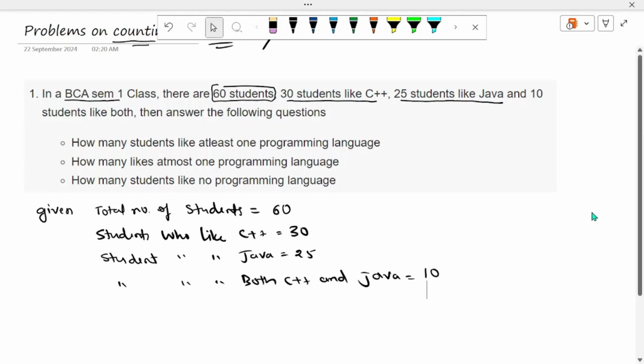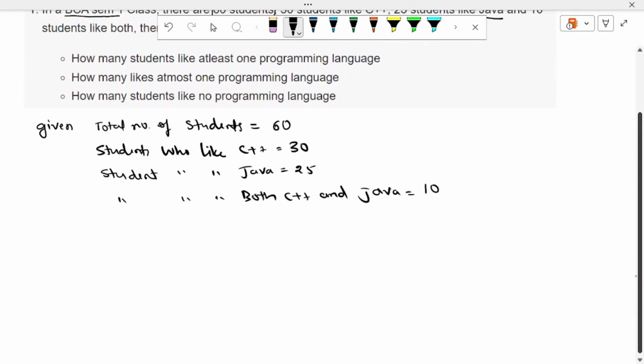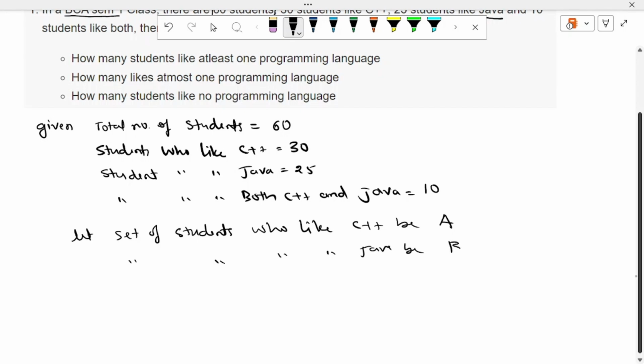Therefore, let me consider two variables. Let the set of students who like C++ be A, and the set of students who like Java be B. Therefore, number of elements in set A, it means C++, is 30.